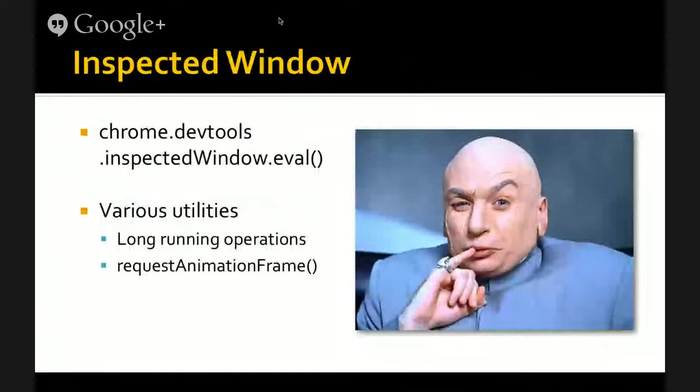Okay, so there are two curious use cases that involve eval. When you think about what I just showed you, I'm evaling arbitrary JavaScript in the inspected window. That's a synchronous operation that returns a result. It happens one time and is done. If I want to do anything else, I need to call eval again.